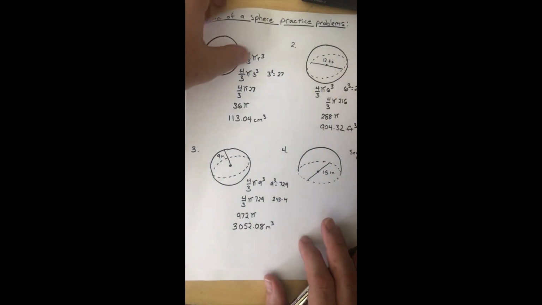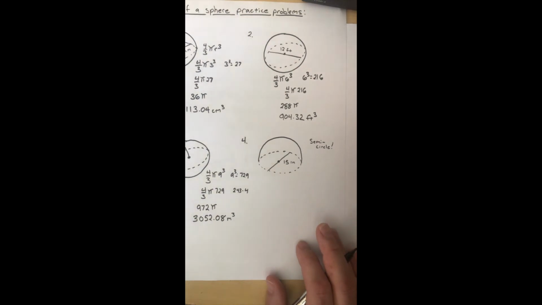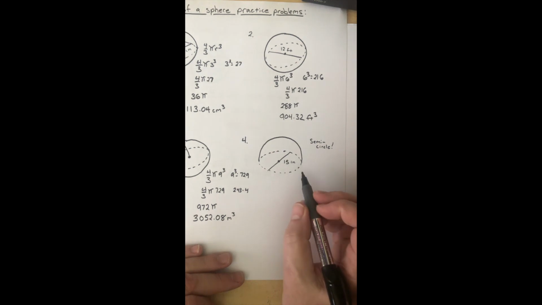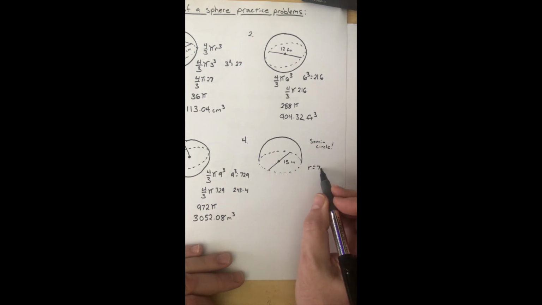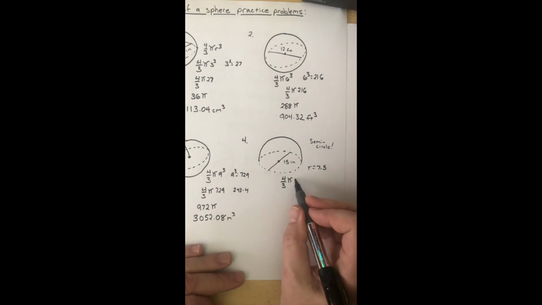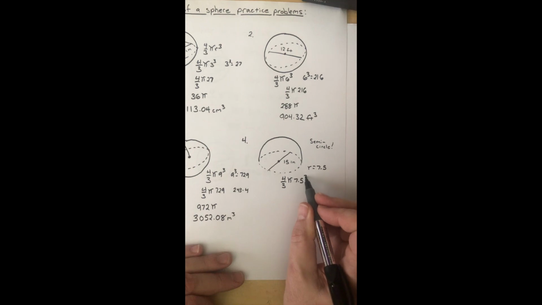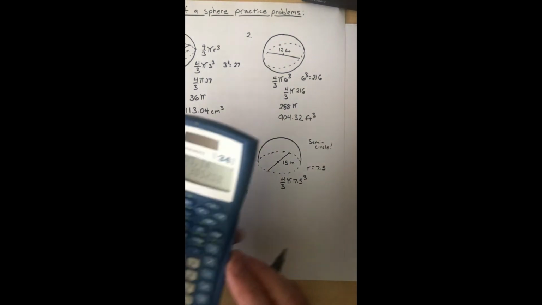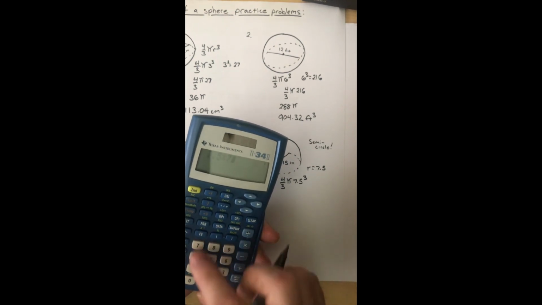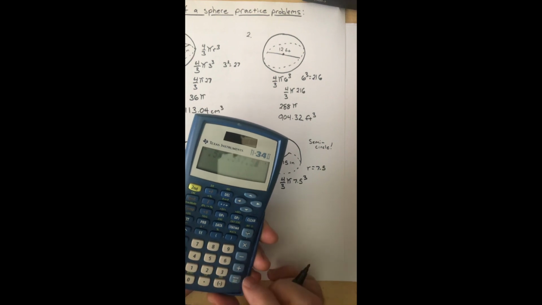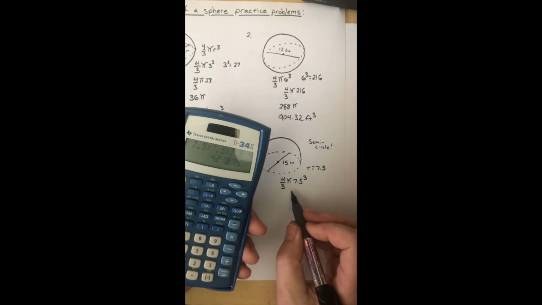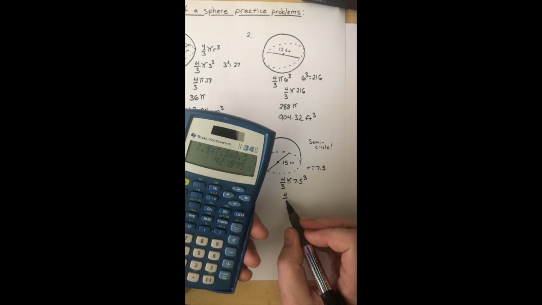And now for the hemisphere, the semicircle, the semisphere. I gave you a diameter of 15, which means my radius is going to be 7.5. Ew, it's an ugly one. Okay, 4/3 pi times 7.5 cubed. I don't know 7.5 cubed off the top of my head, so let's do it. 7.5 times 7.5 times 7.5 is 421.875.